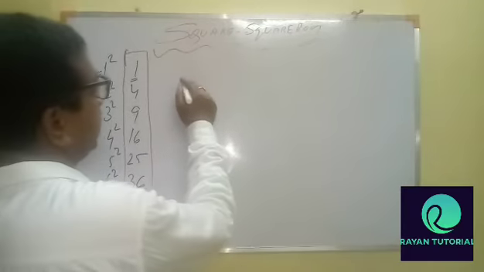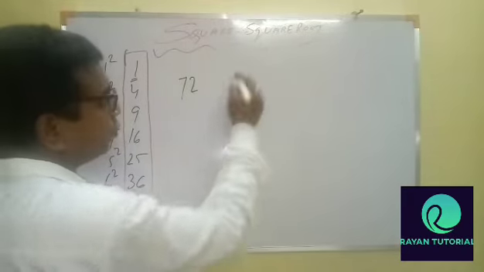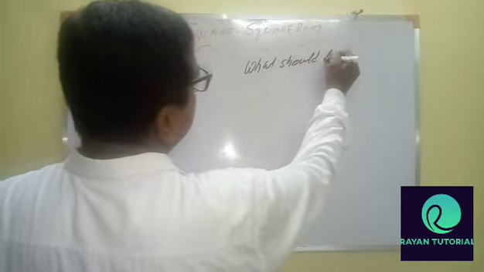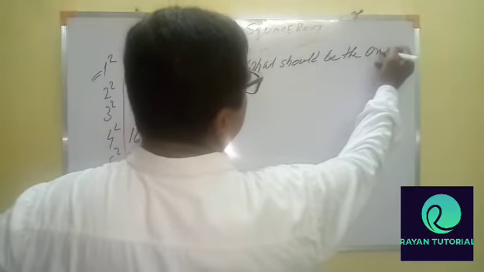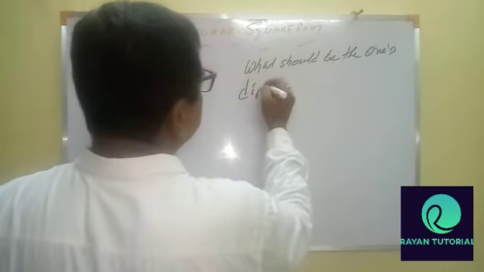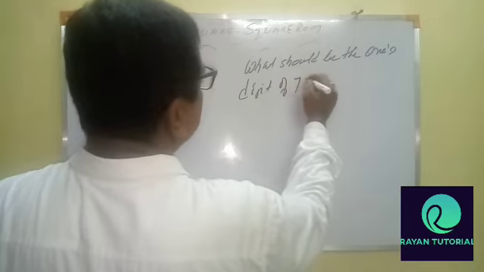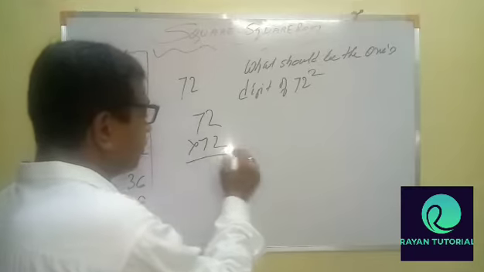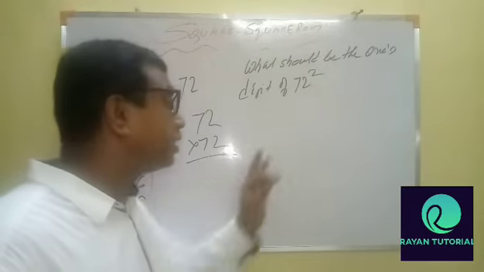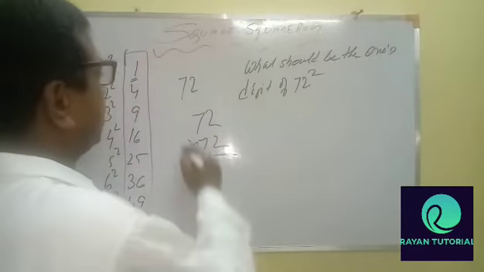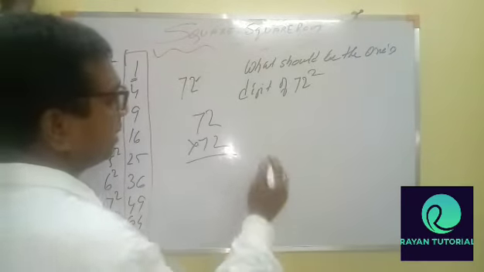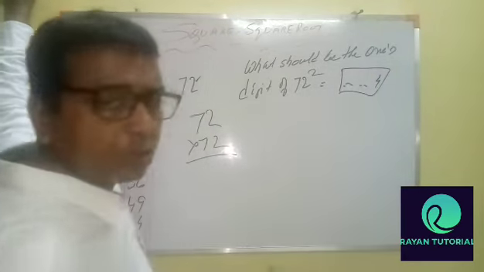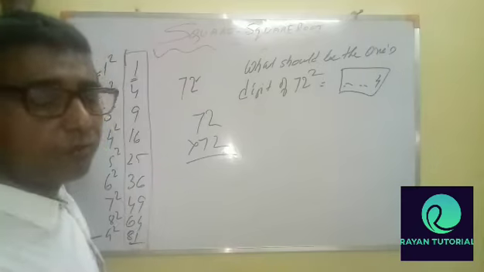Like suppose if I say 72, what should be the ones digit of 72 square? Now what should you do? You should multiply 72 into 72, then find out what is the answer coming? No. Very simple. What is the square of 2? 4. That means the number here, whatever it will be, I don't know, but the ones digit should be 4.